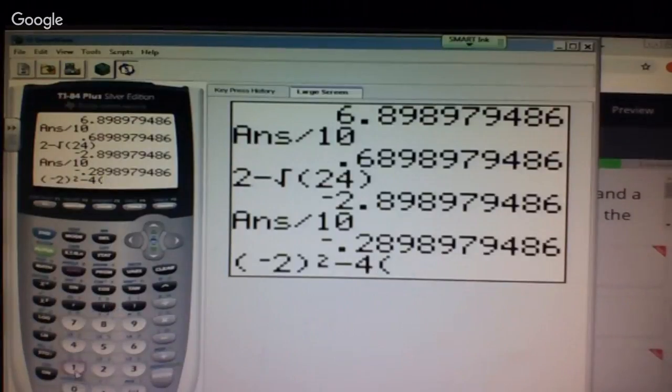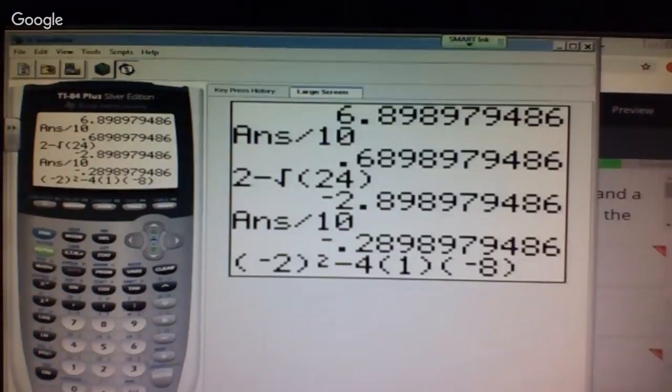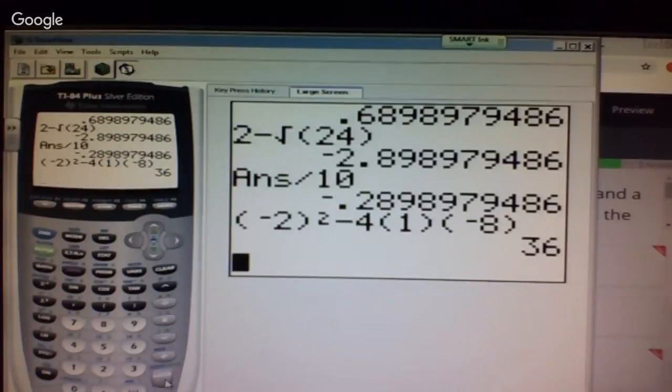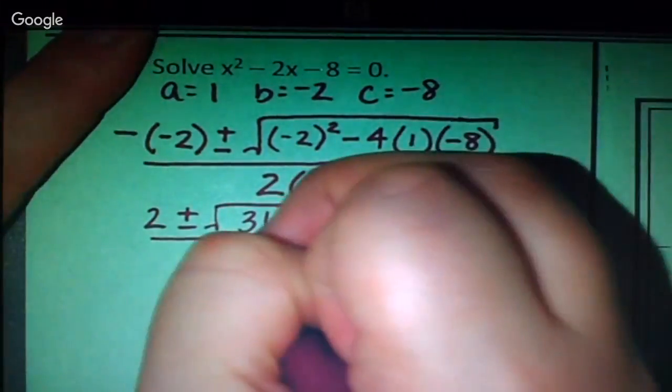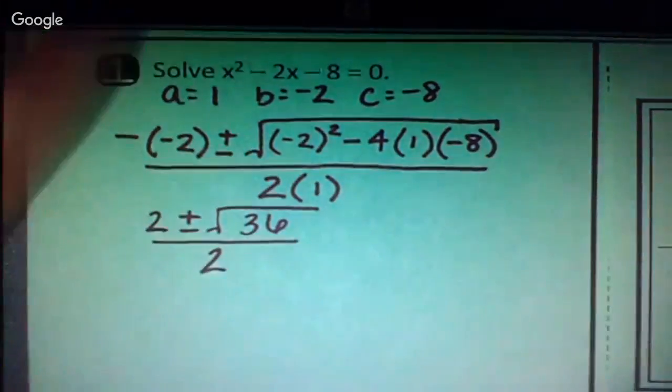We're plugging in your 1 for A. And we're plugging in your -8 for C. Make sure you use the negative at the bottom and not a minus sign for 8, or else it'll give you an error. And when you hit enter, we get 36. Okay, this time we get 36. And we divide this answer by 2.